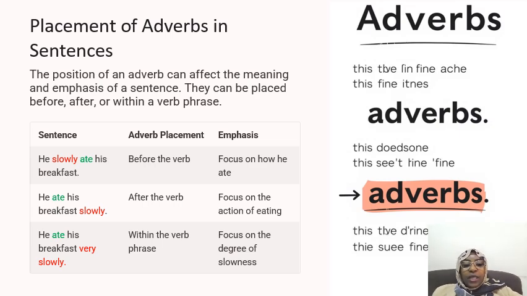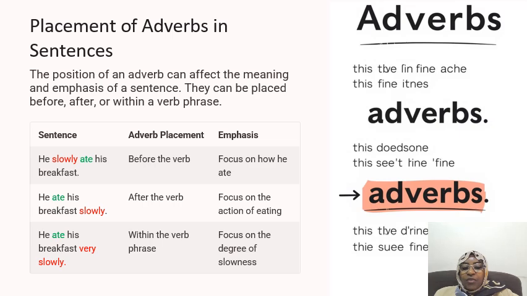He slowly ate his breakfast. Look at the place of the adverb. The adverb is written in the red color. And of course, the verb is written in the green color.